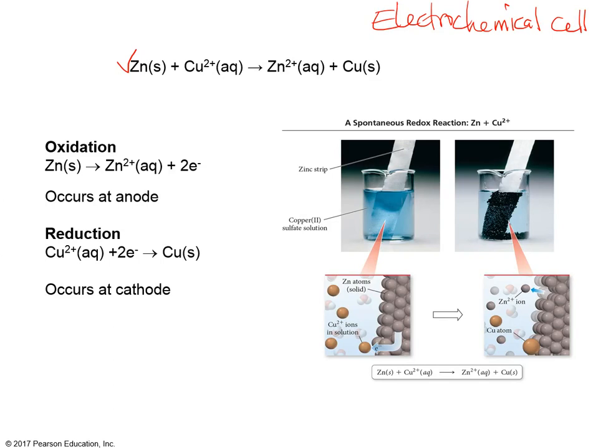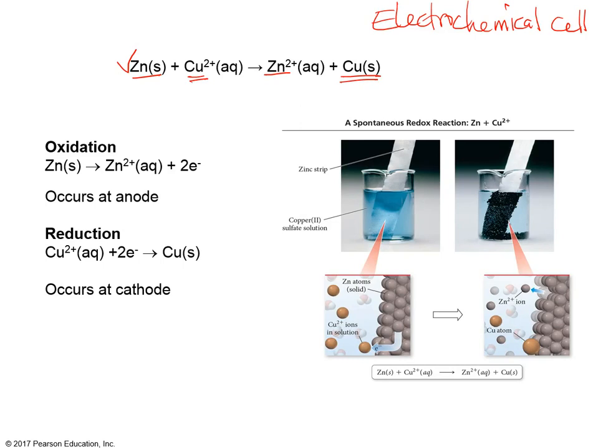So if you look at the equation, you see that the zinc here is losing electrons. So zinc is losing electrons to form zinc ion, while copper is gaining electrons to form copper solid.